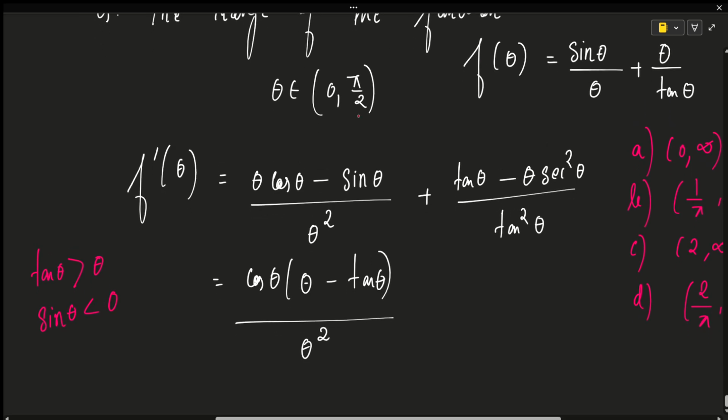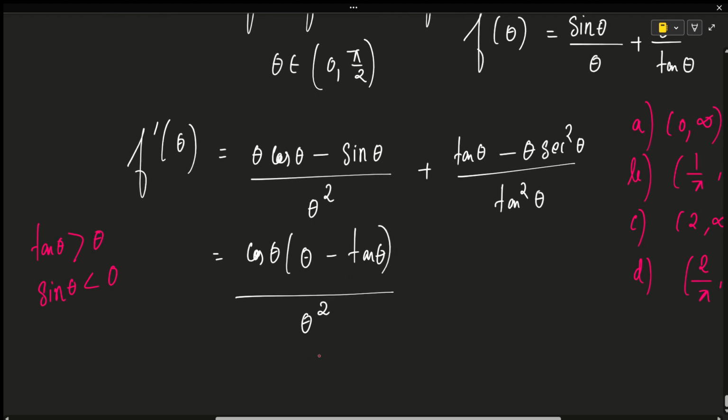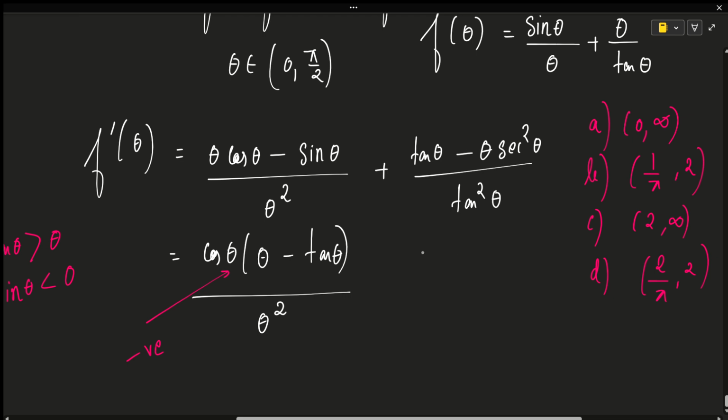So in cos theta into theta minus tan theta by theta square, if theta is smaller than tan theta, then this will be negative. Now plus I have tan theta minus theta into sec square theta upon tan square theta.